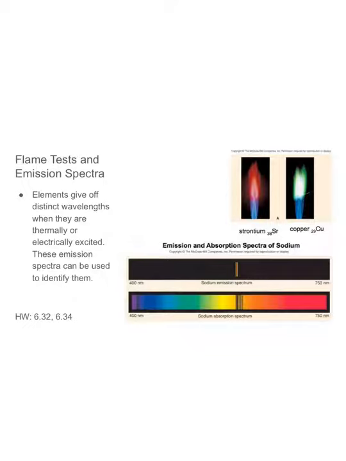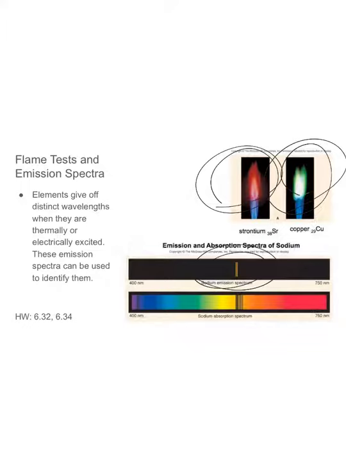When you're watching fireworks, the fireworks are giving off colors based on the metals that are present. If you see a yellowish firework, chances are we're talking about sodium. If you see a blue-greenish firework, chances are there's copper. If you see a reddish firework, chances are we're talking about strontium.